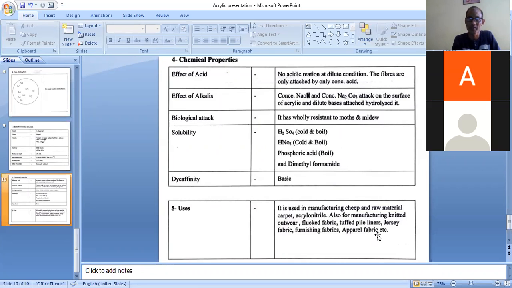Viscose is manufactured by wet spinning method. Acetate rayon is manufactured by dry spinning method. Nylon 6, nylon 66, and polyester can be spun using melt spinning. Acrylic can be spun by solution spinning, in which both wet spinning and dry spinning methods can be used. Thank you very much.